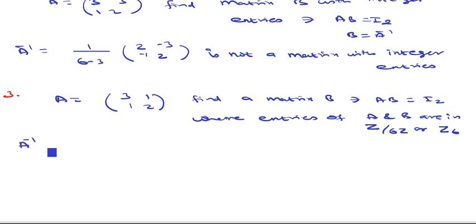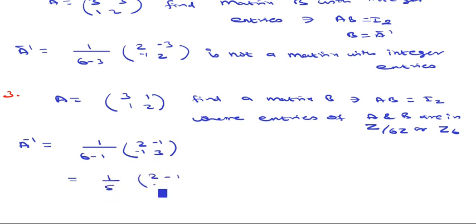Here also we need to find A inverse. A inverse equals 1 by 5 times [2 -1; -1 3]. Now we will find the equivalent of 5 in Z6.